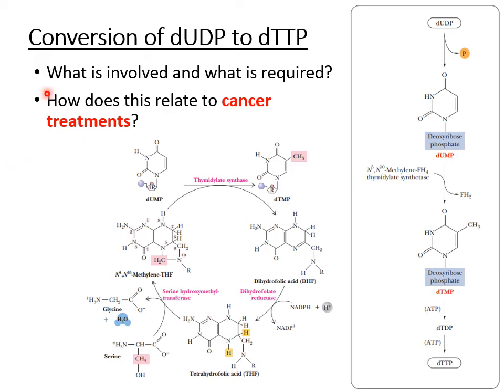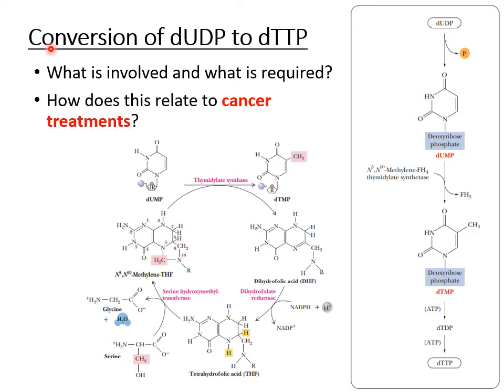Because when you look at this conversion, ultimately having a supply of dTTP is critical for cells in terms of DNA synthesis, okay? Because as you know, uracil is found in RNA and thymine is required in DNA instead. And so cells need dTTP for DNA synthesis.